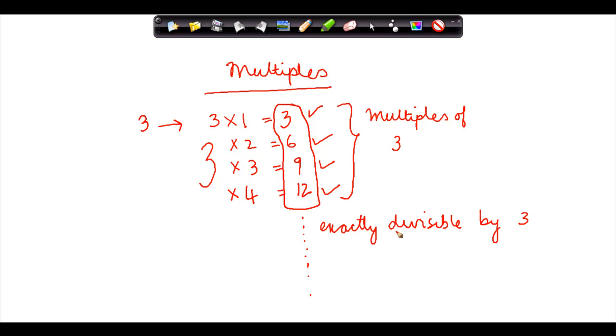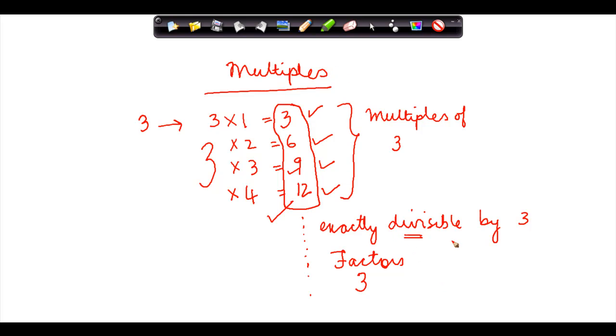So does this sound something familiar? Yes, of course it does, because what we discussed a short while ago was about factors. So 3 is going to be a factor of all these numbers, because these numbers are multiples of 3. So there's a relationship between multiples and factors.